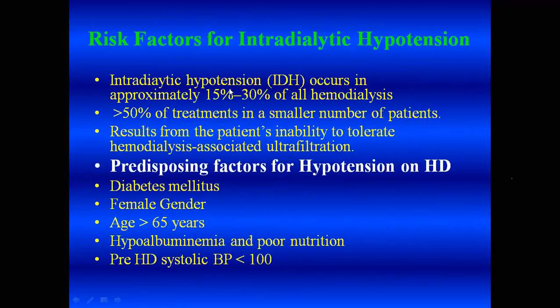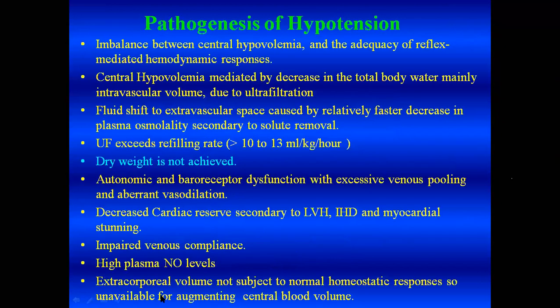Hypotension occurs in 15 to 30% of all hemodialysis patients at some point of time, and a smaller number of patients will have hypotension in at least 50% of the treatments. Predisposing factors are female gender, elderly, diabetes, hypoalbuminemia, obviously, and a starting pre-HD systolic blood pressure of less than 100.